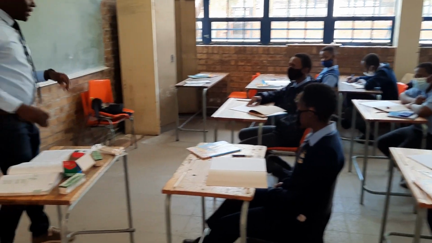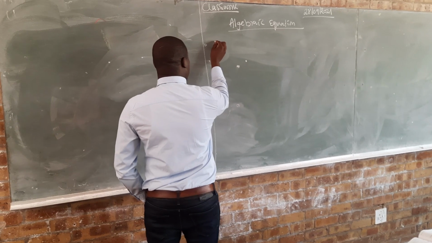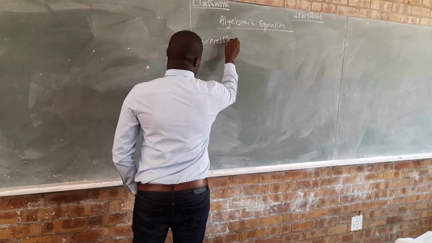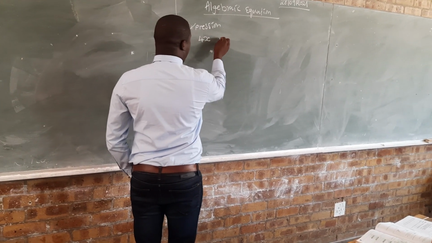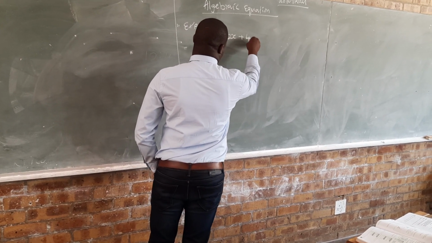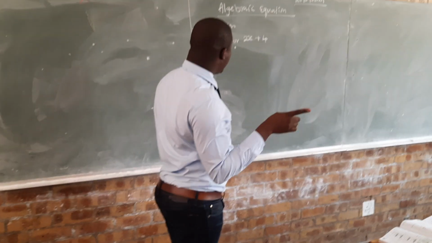For example, if we have 4x or 2x plus 4, because they don't have an equal sign, we refer to them as expressions.